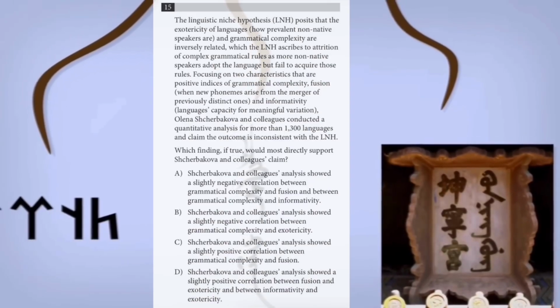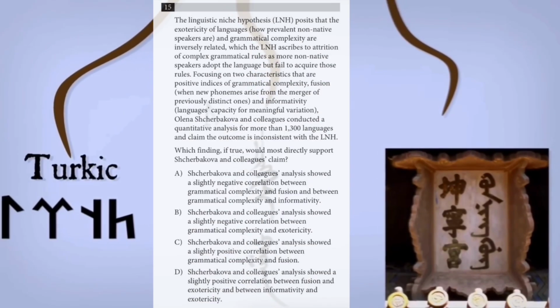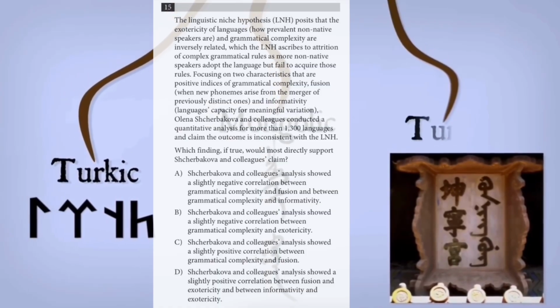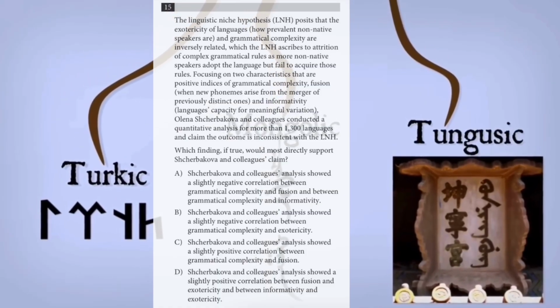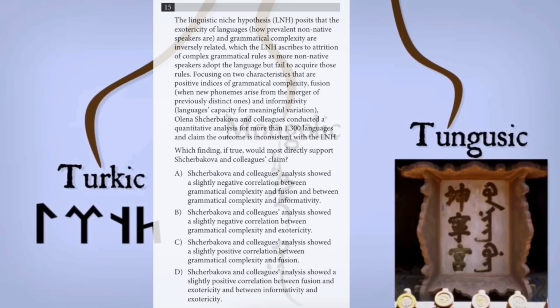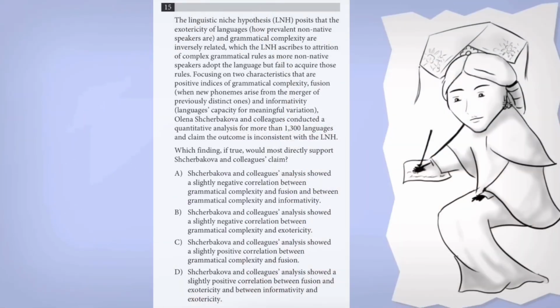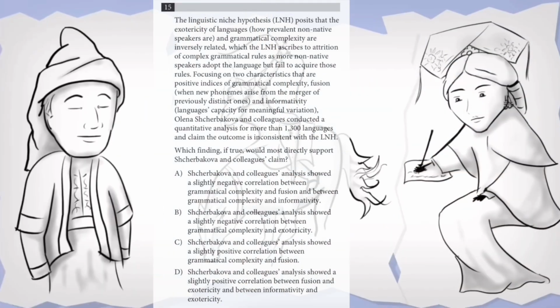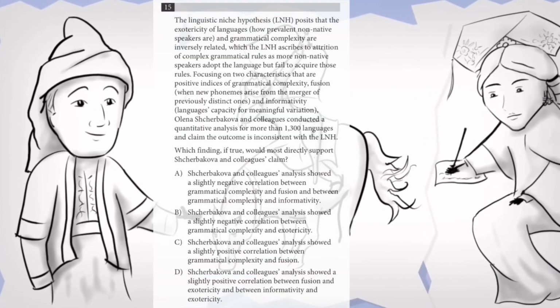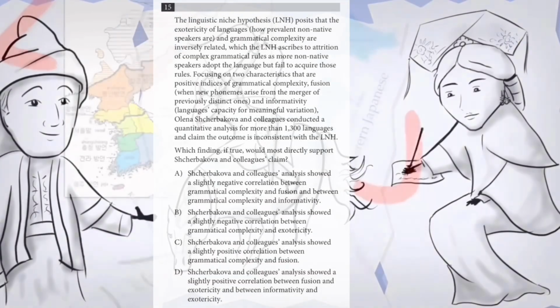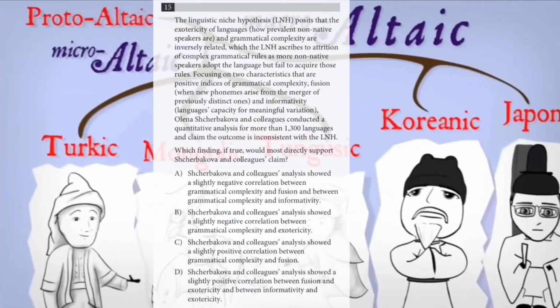C. Shcherbakova and colleagues' analysis showed a slightly positive correlation between grammatical complexity and fusion. D. Shcherbakova and colleagues' analysis showed a slightly positive correlation between fusion and exotericity and between informativity and exotericity.